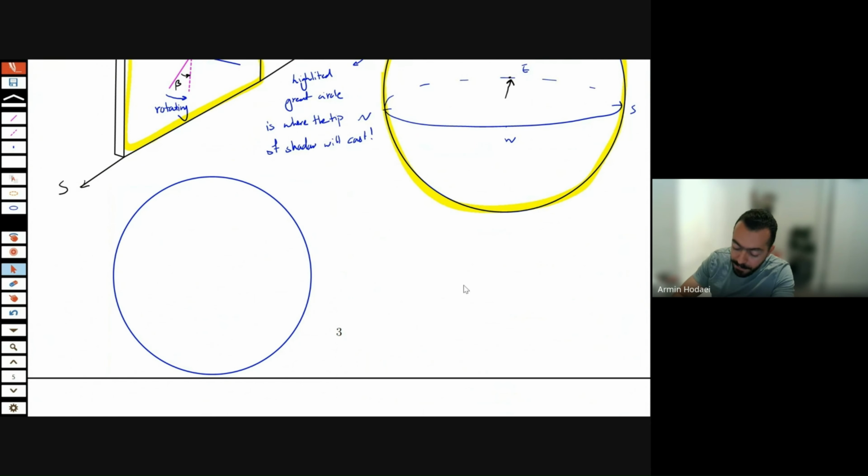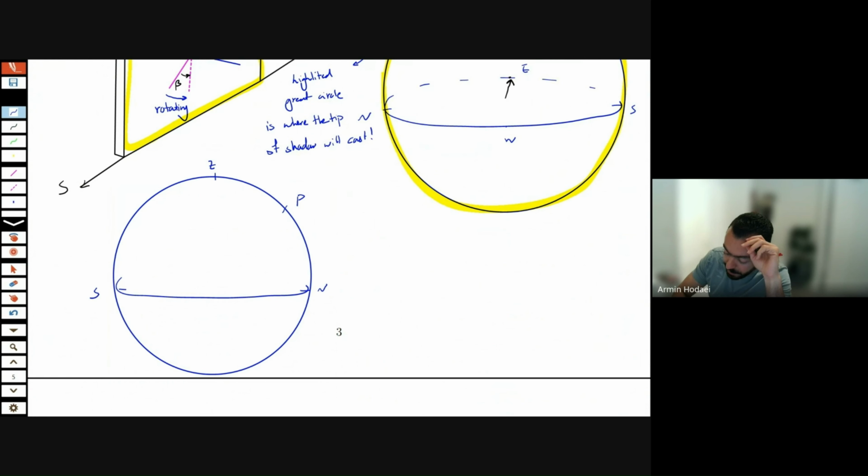And then I am also going to add the sun's path, something like this. Here is Z, here is P, here is north, here is south, and here is east. All right. So if here is east, this is my celestial equator.